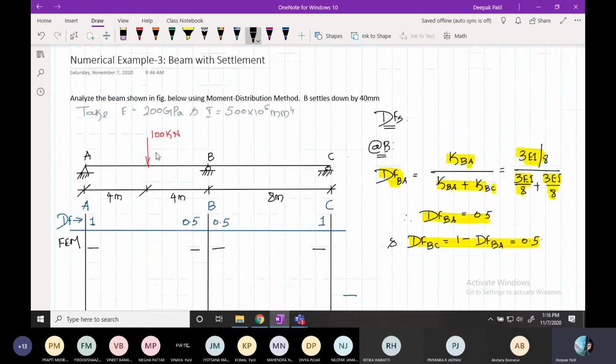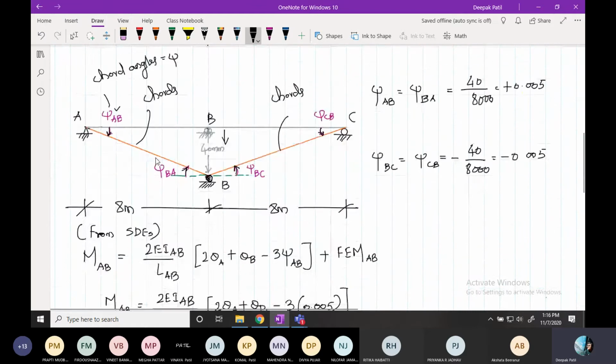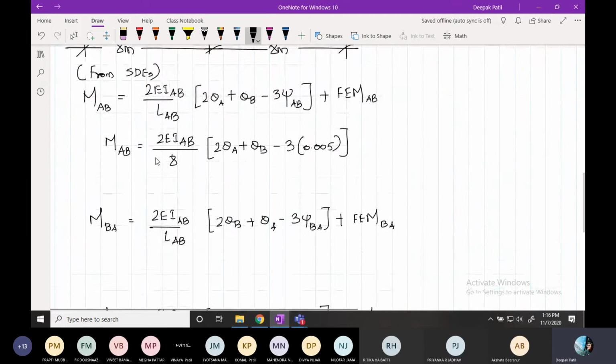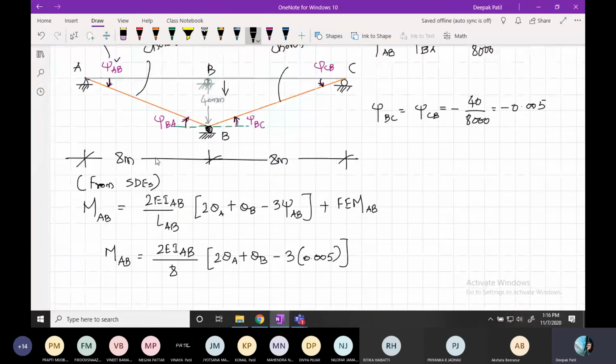In span AB, we have a point load exactly at the center. So the fixed end moment AB will be, will it be plus or minus? Minus. Minus 50, that is W L by 8, that is minus 50 L by 8, right?